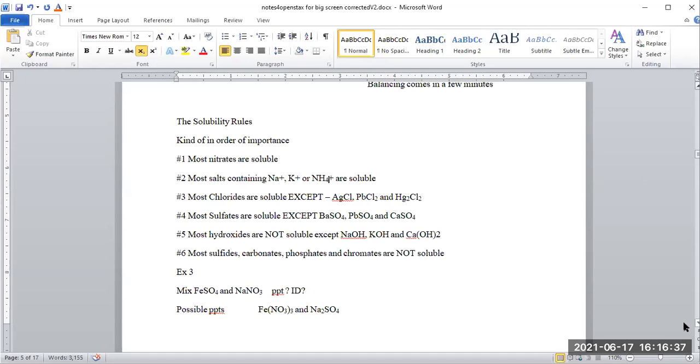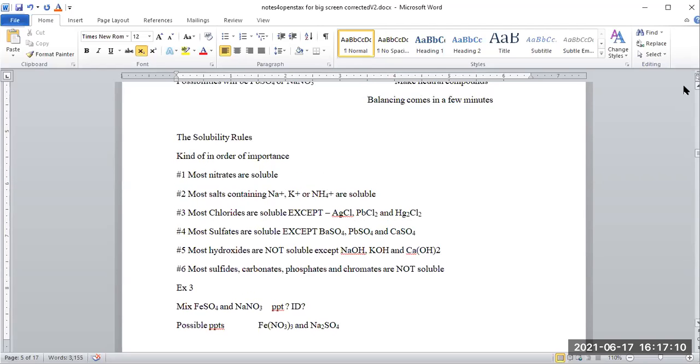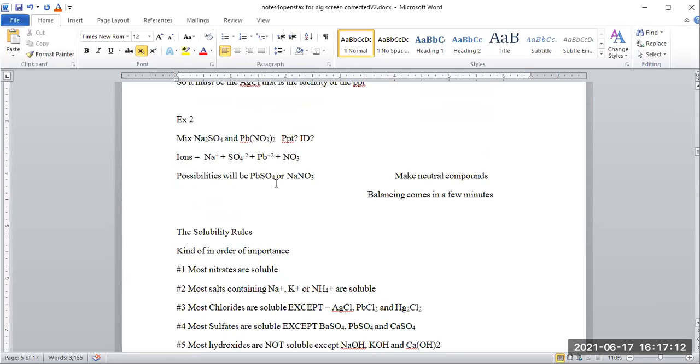Basically, if you got all the way down to rule number 5 or 6 and you haven't eliminated something already, then you're down to the, well, what do I have left? concept. Sulfides, carbonates, phosphates, and chromates are generally not soluble.